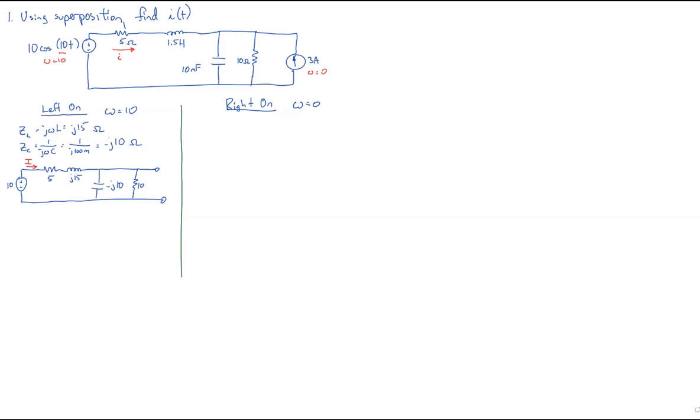So therefore, the voltage source sees the equivalent impedance, I'll call it Z equivalent, of these two in series plus the next two in parallel. And that's the total amount of impedance that this voltage source sees.